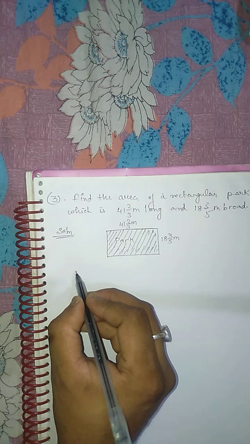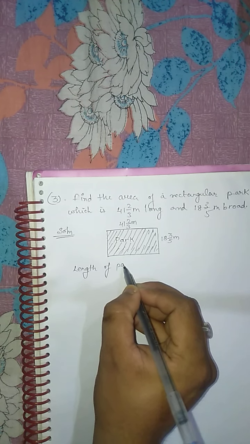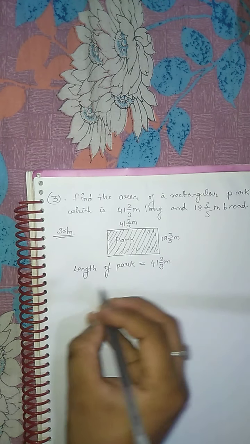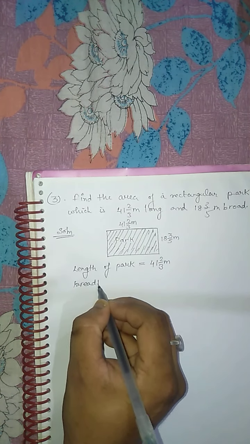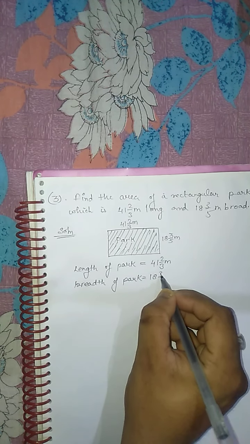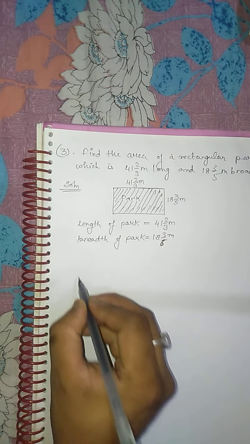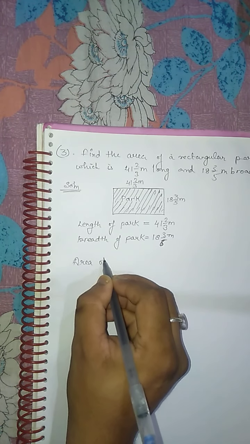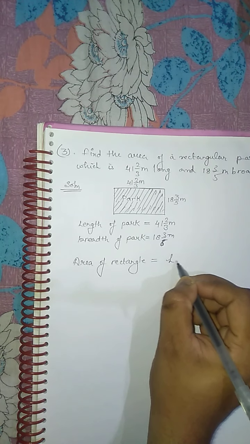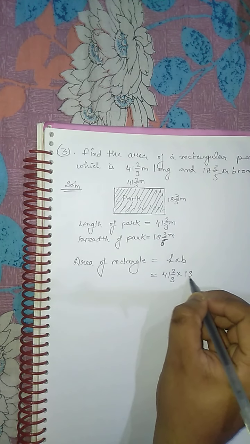So to find this area, length of park is 41 whole 2 by 3 meter and the breadth of park is 18 whole 3 by 5 meter. Formula of area of rectangle is length into breadth. 41 whole 2 by 3 into 18 whole 3 by 5.